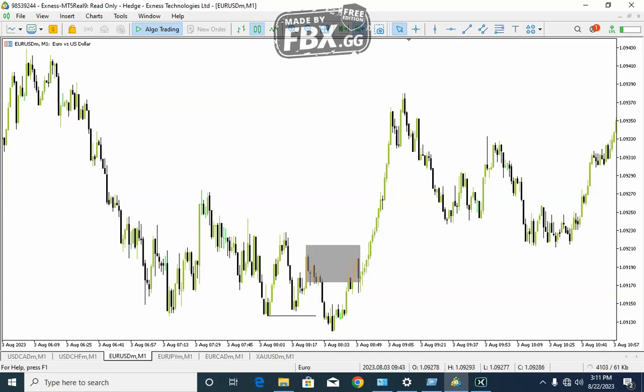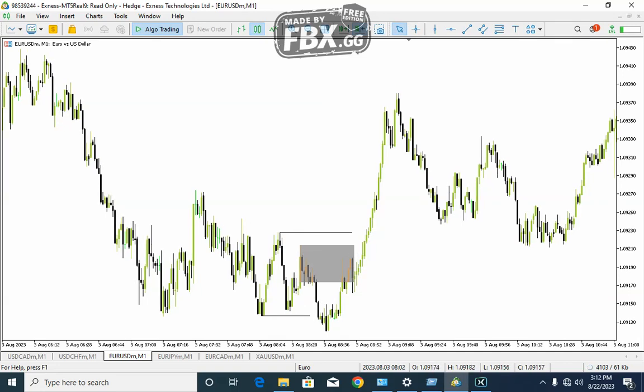As soon as the market eventually broke structure to the upside, the next thing I want to do is what? The next thing I want to do is very, very simple.